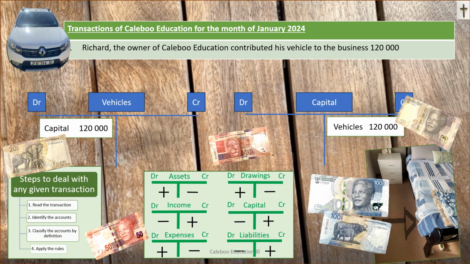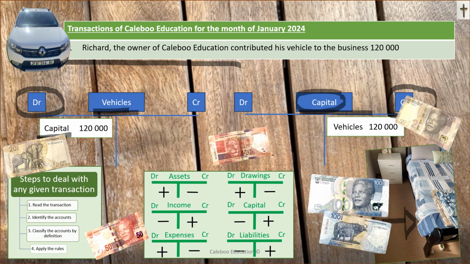We have the transaction, we read the transaction, we identified the two accounts. Vehicles, according to the rules, got debited. Capital, according to the rules, got credited. Underneath the vehicles on the debit side will appear the name of the other account, so it's the contra account, which is capital.